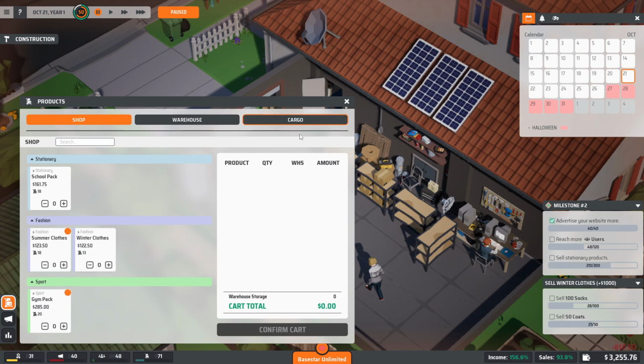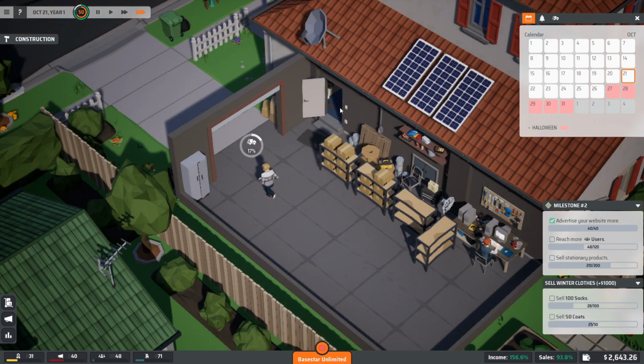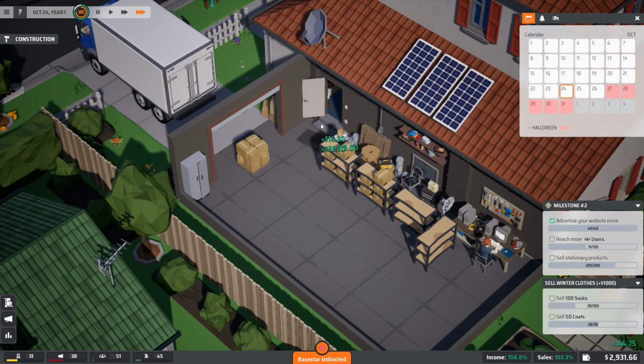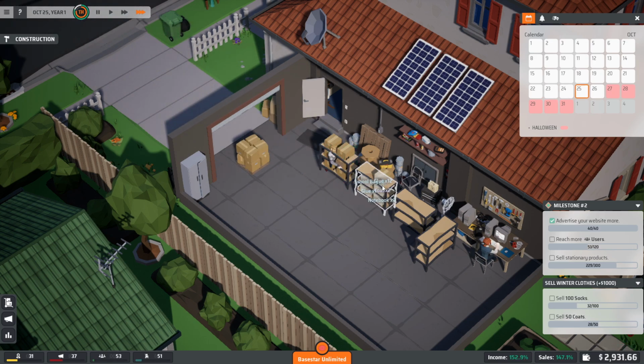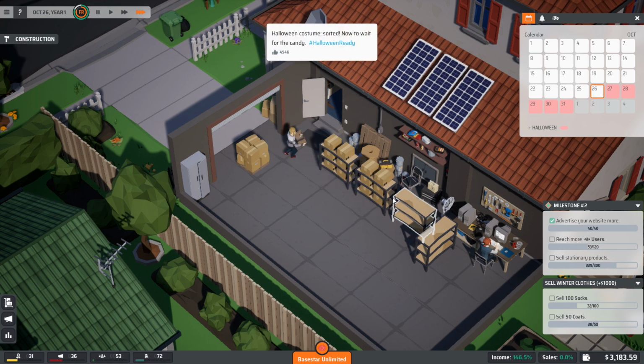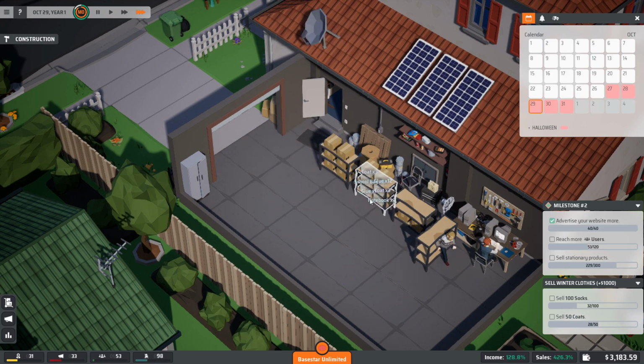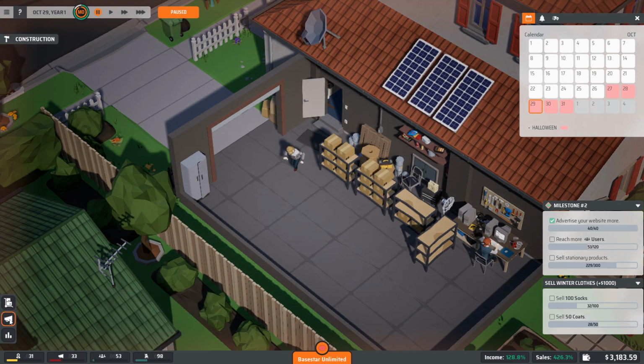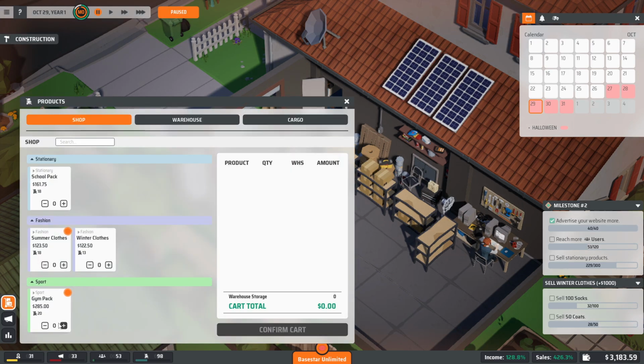Let's go for more winter clothes. Still selling stationery products. Halloween stuff should be maybe just like have a few of these, have them on hand, and a few packs.